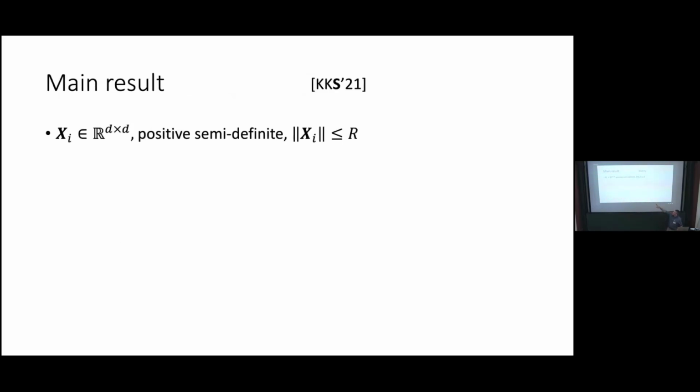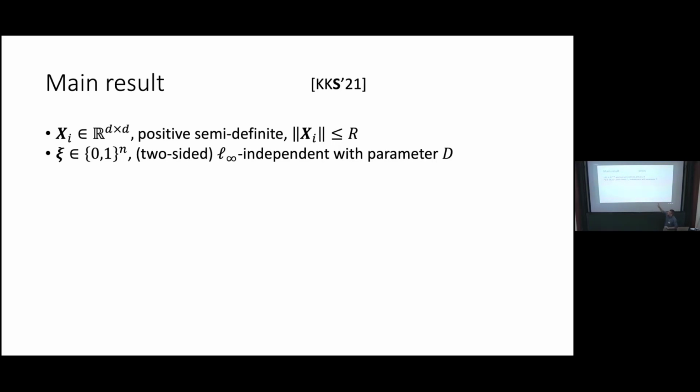We look again at positive matrices bounded by R, and we have a random vector. I will give you the definition of L-infinity independent in the next few minutes. For now, think about D as a constant. For example, for the strongly Rayleigh distribution considered by Kyng and Song, D is equal to 2.